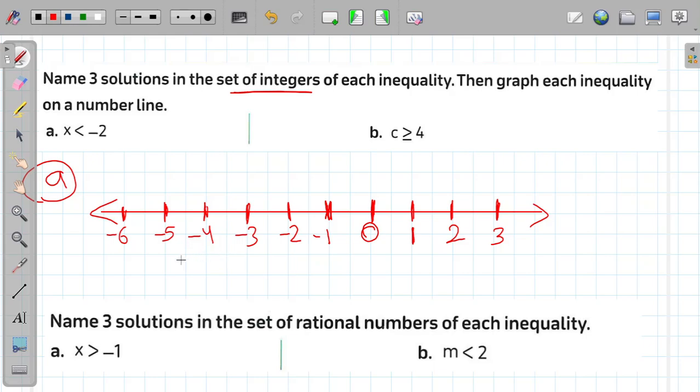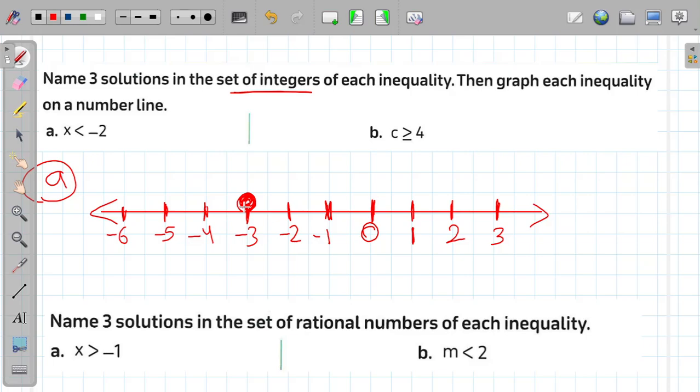The first one here, x less than -2. So what is the minimum or the maximum number that can be a solution for the inequality? I want a number that is less than -2. So the first number will be -3.